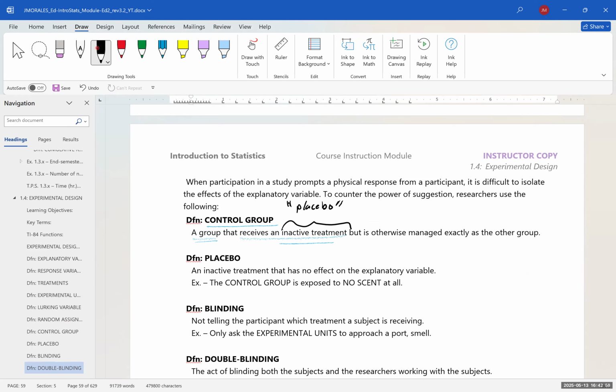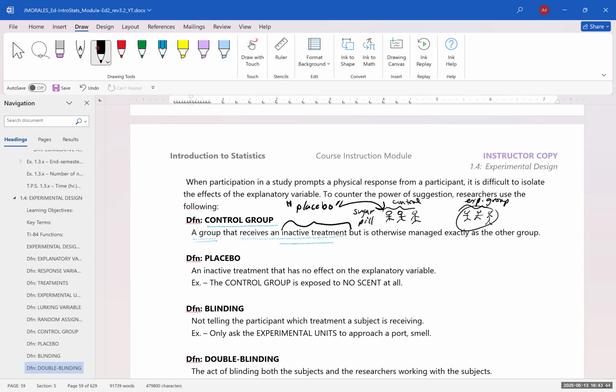Now, I think probably the most common placebo you could think of would be when testing a medicine where a patient takes a pill. Okay, so you'll have two groups of people. You'll have one group of people, which is your control group, and then you'll have another group of people. This is actually your experimental group. You'll give your control group a placebo, which is basically just a sugar pill.